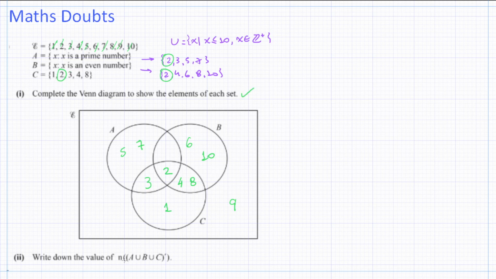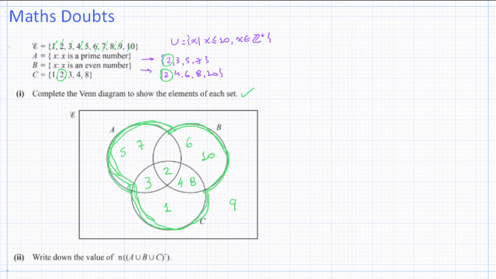Now write down the number of elements of the complement of A union B union C. So not A union B union C. A union B union C would be everything which is inside any of them, right? If it's inside at least one of them, you will have to consider it.